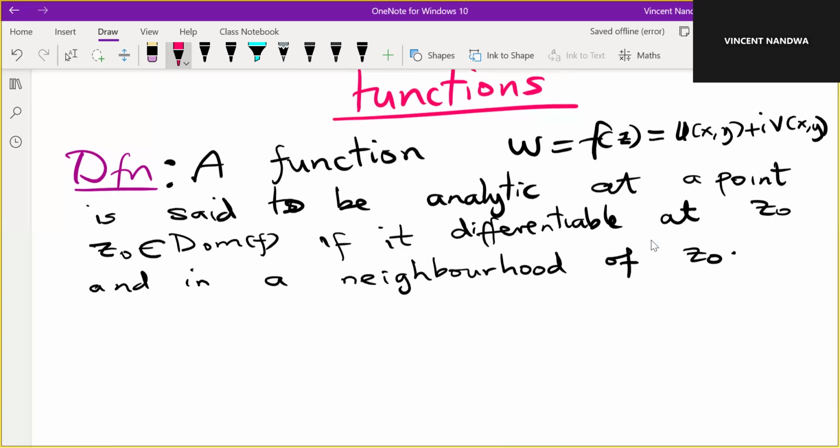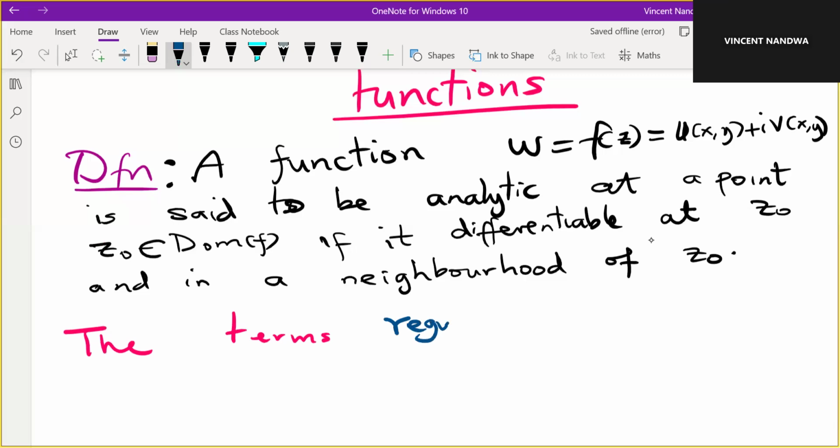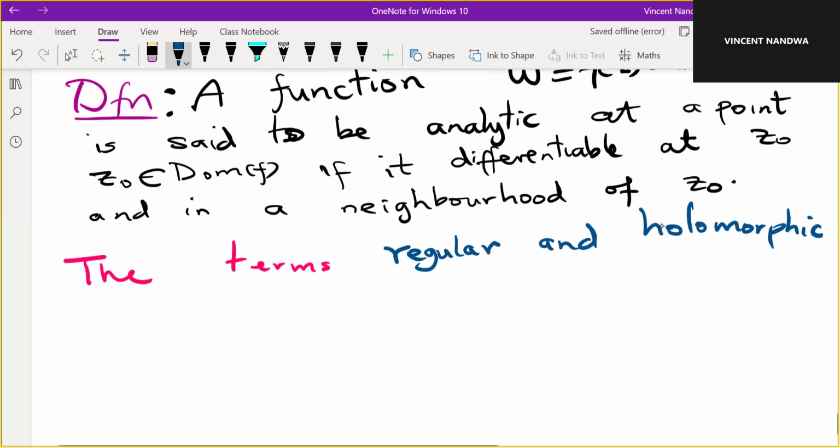So the terms regular and holomorphic are also used to mean analytic.